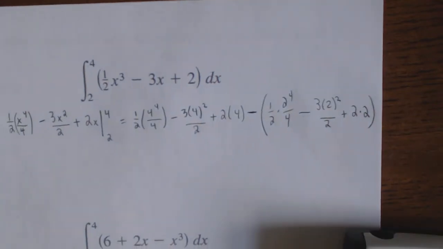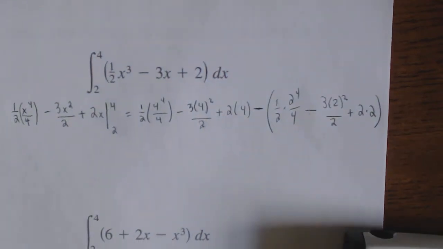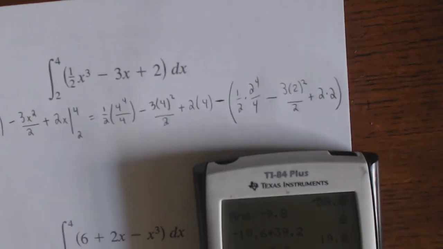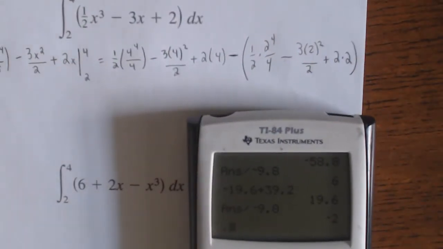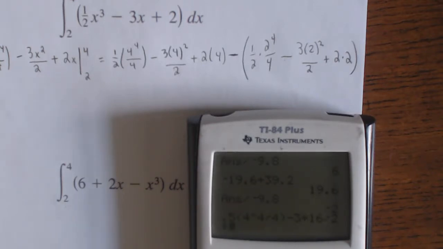And then we're going to use our calculator here. So that would be 0.5 times 4 to the 4th divided by 4 minus 3 times 16 divided by 2 plus 8.